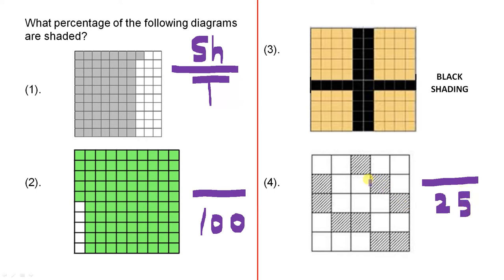Count the number that are shaded, put it here, obtain the fraction, change this fraction so it looks like something over 100, then you can find the percentage. So you have to find an equivalent fraction. Once you get that number, which is the number of little squares that are shaded, find the equivalent fraction so that number is 100 and the answer in percentage will be up the top.